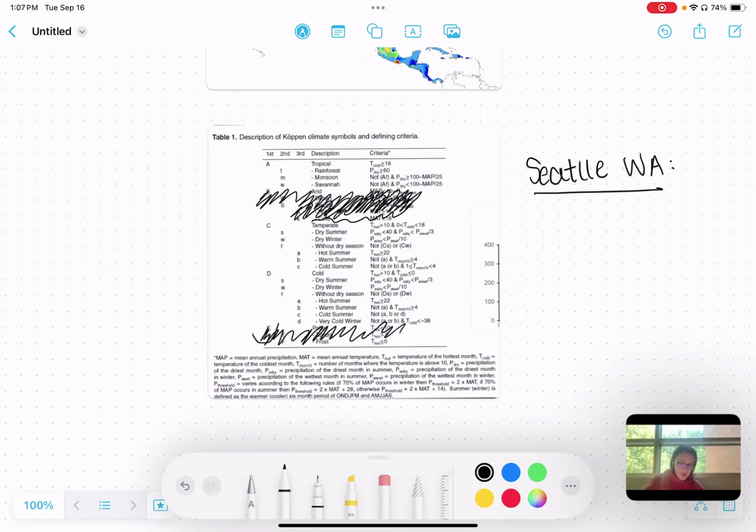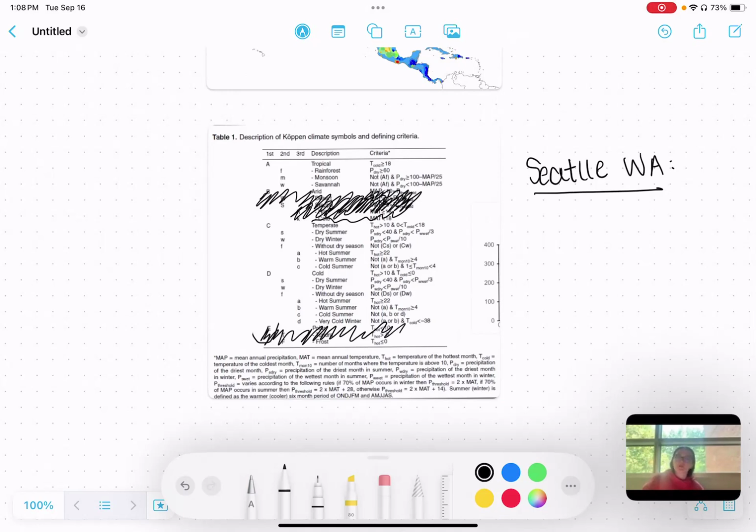Now, A is tropical, it has rainforest, monsoons, and savanna. This one could be tricky, right, if you're not super familiar with where Tennessee is, but generally this happens in an area that is surrounded by a body of water that experiences high amounts of rainfall and has tropical forests in it. That's not really Tennessee. They have mountains, it's inland, it experiences different climates.